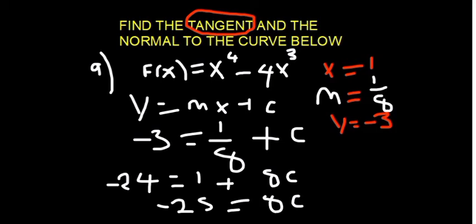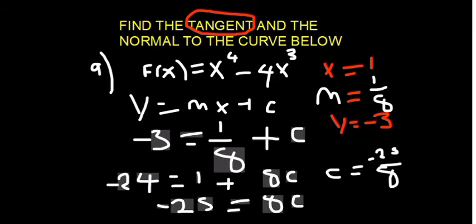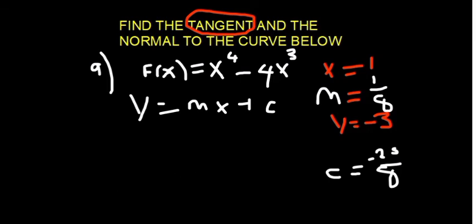So therefore our c is going to be equal to negative 25 divided by 8. So after this stage, you just go back now and substitute in the equation there. So y is equal to, what is our gradient? Our gradient is 1 over 8. So it's going to be 1 over 8x minus 25 over 8, which is our c.